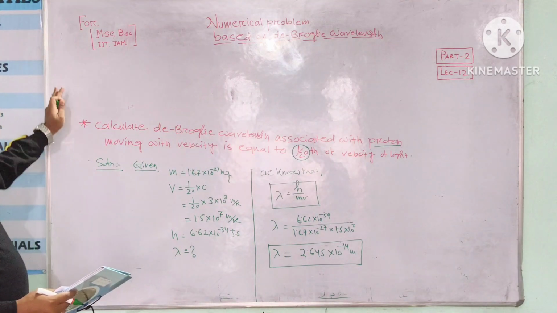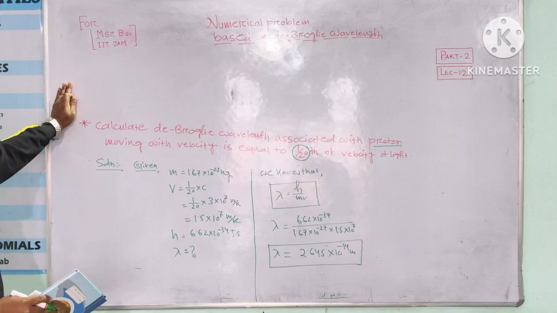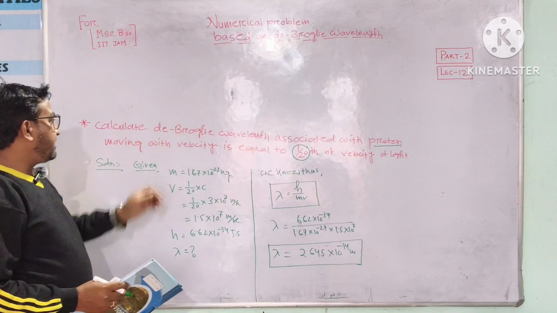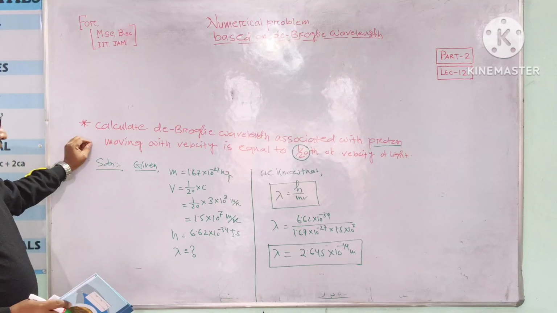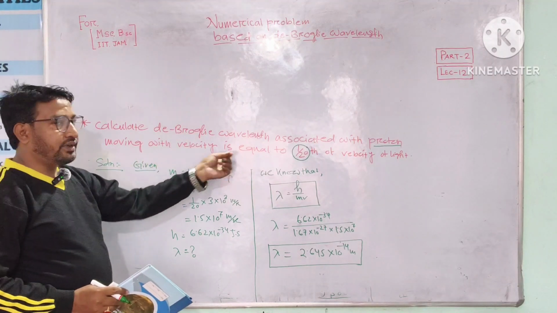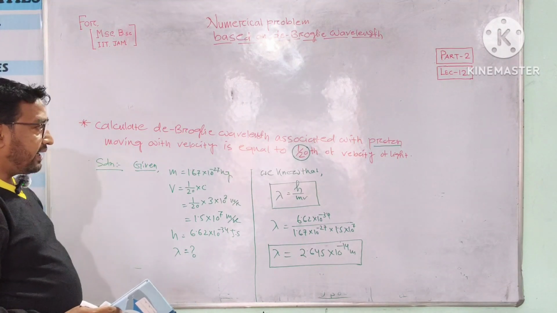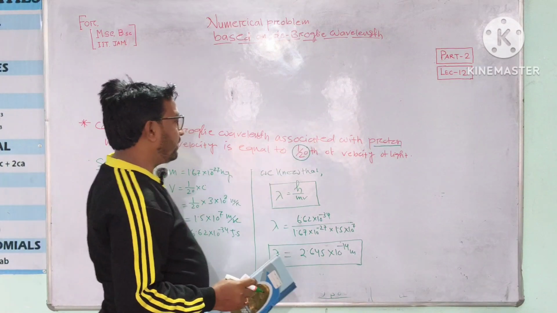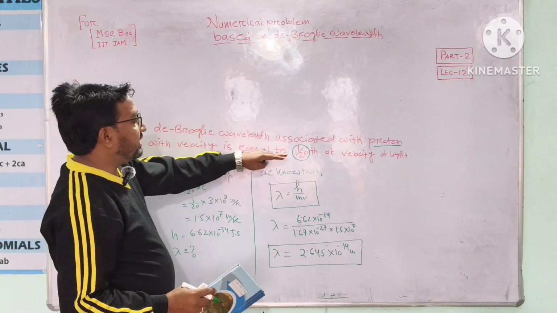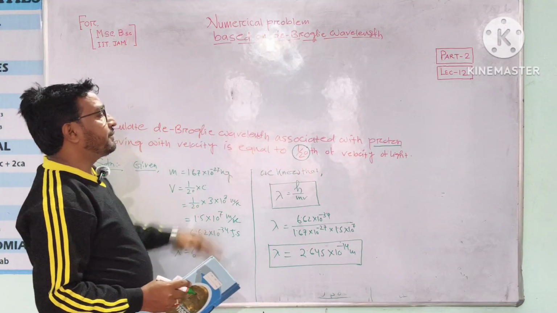For your better understanding, I am going to repeat it once again. The statement of the question: calculate the de Broglie wavelength associated with a proton particle moving with velocity equal to 1/20 times the velocity of light. The particle is a proton, and its speed is 1/20 times the speed of light in vacuum.